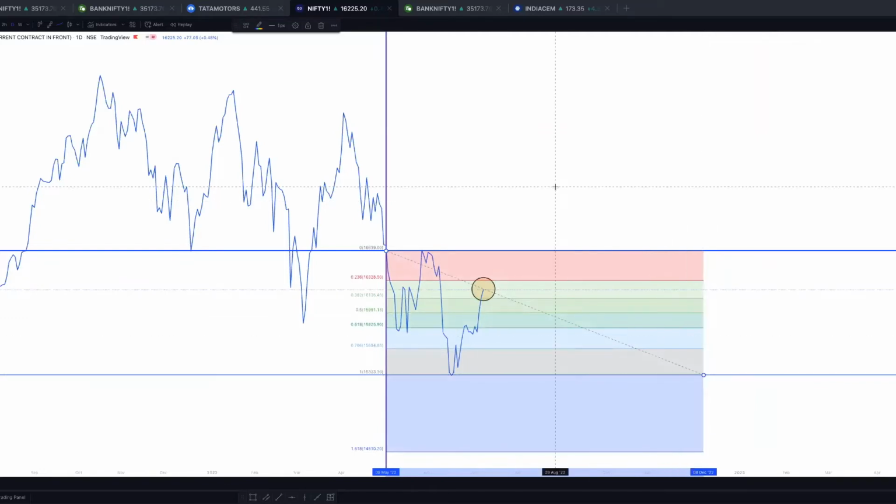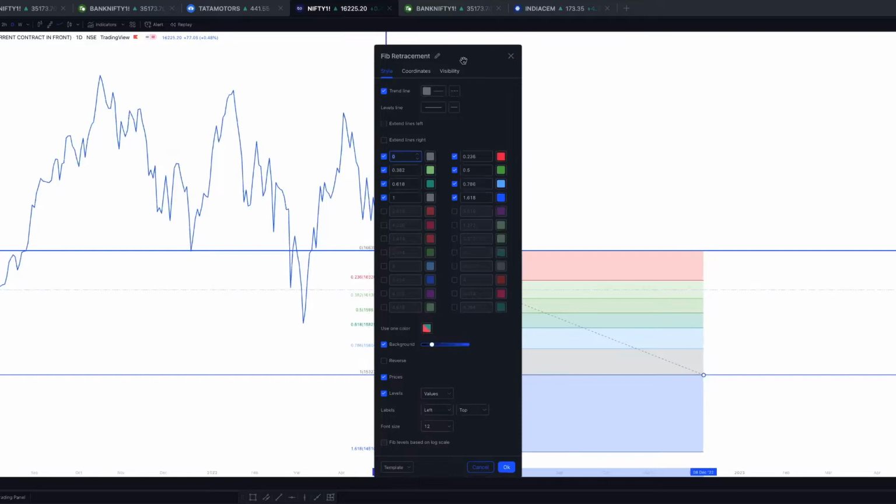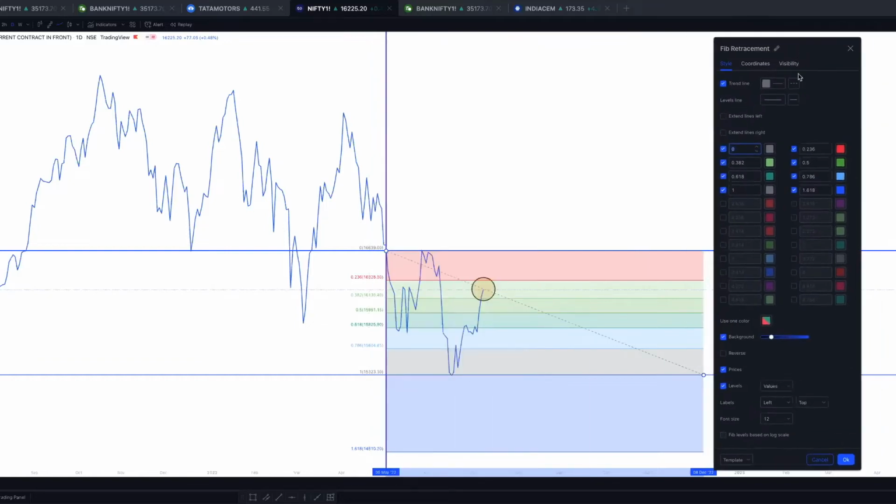Fibonacci levels. Okay, so Fibonacci levels are actually based on ratios. So we'll go into the settings part. Here you can see there are multiple levels. I'm not keeping the tick box on for all of them.